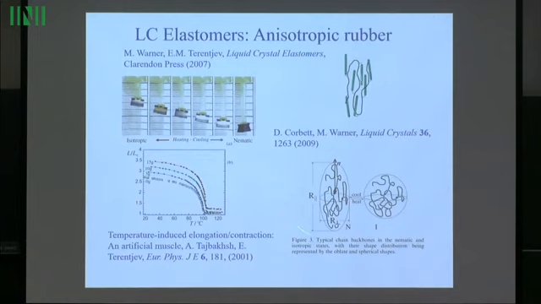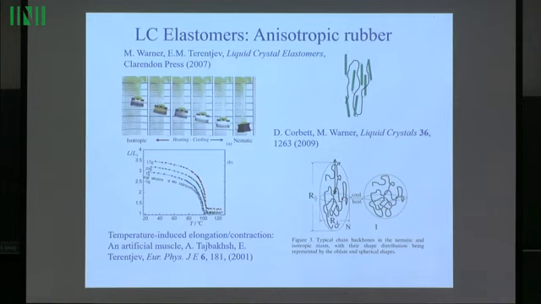So the polymer backbone is coupled to the orientational order parameter of the units. And if they are aligned, so is the backbone, and it's kind of elongated. You can consider the blobs of the polymer as being elongated ellipsoids. But when you heat the system, then the scalar order parameter decreases. This ellipsoid becomes shrunk.